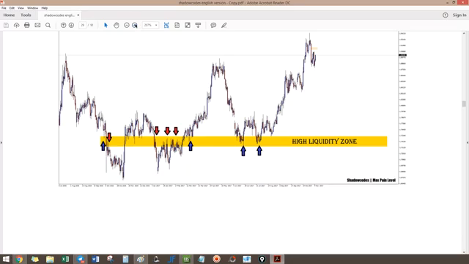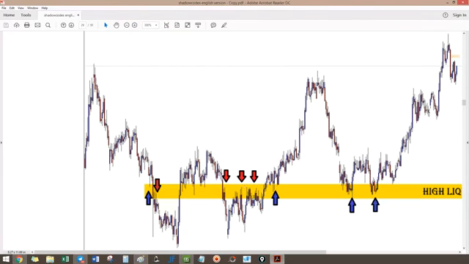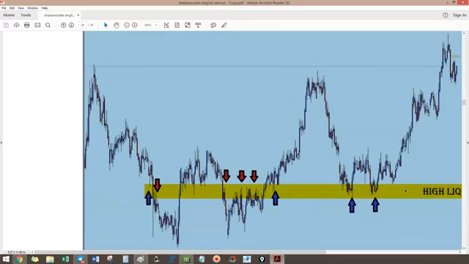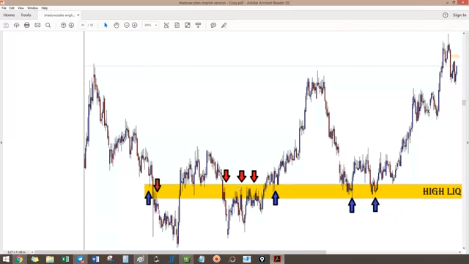We know in the SNR homework, our line chart shows the SNR level. In the SNR trade, we know our line chart is a place where there is a lot of liquidity, a lot of potential to trade.